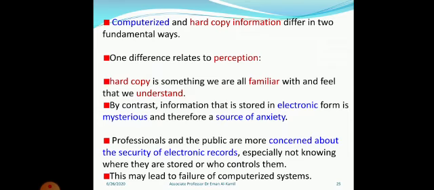By having a file for each patient and writing notes on these files by the doctors, by the nursing staff, by the physiotherapist, by the pharmacist, it is easier to write on the notes immediately, and most of the health providers are familiar with it and they understand. By contrast, information that is stored in electronic form or on the computer is mysterious and therefore a source of anxiety.